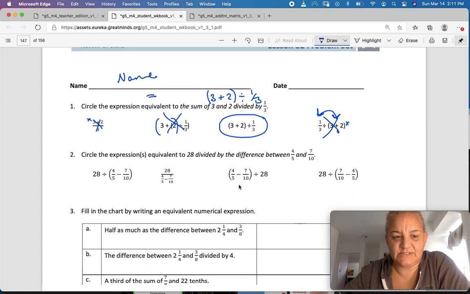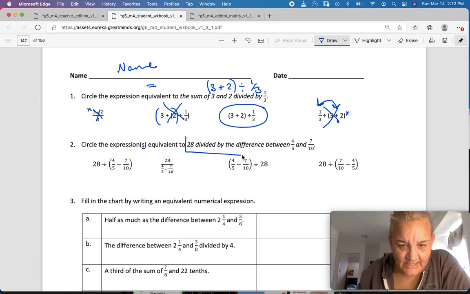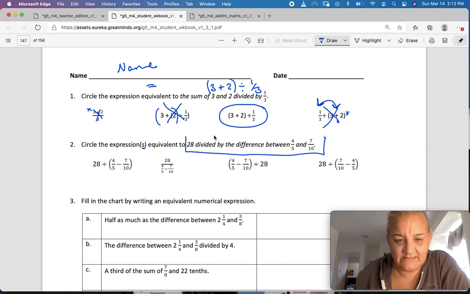Number 2 says circle the expression or expressions. Do you see that S? It could be singular or plural. There may be one or two. Equivalent to, and here in italics, this is what we're looking at. 28 divided by the difference, and difference means subtraction, between 4/5 and 7/10.